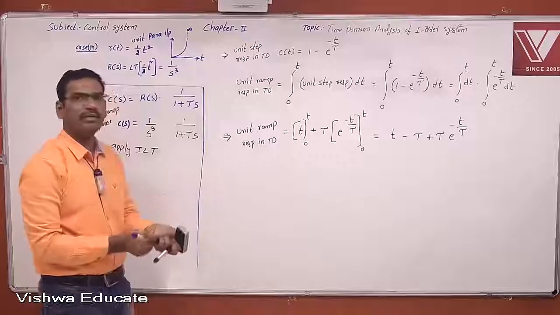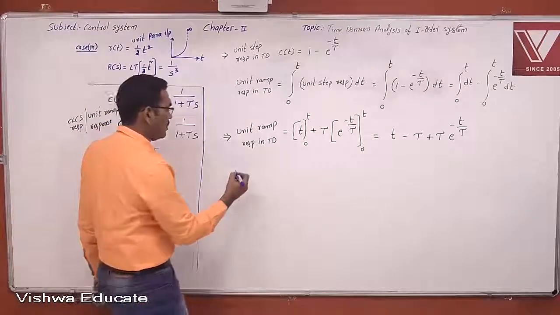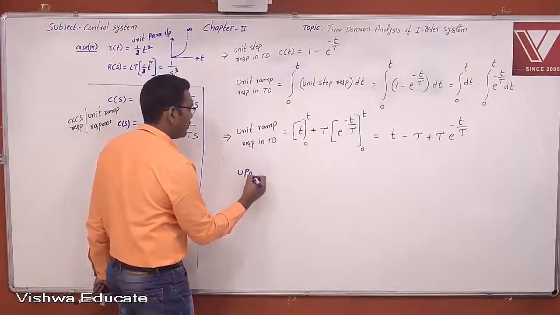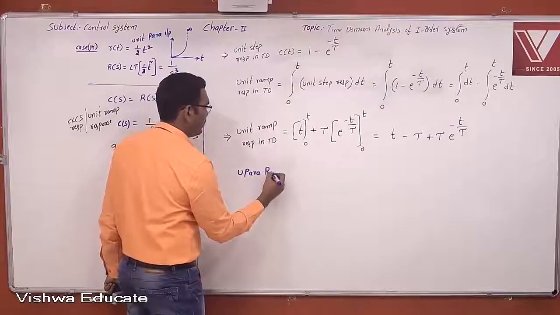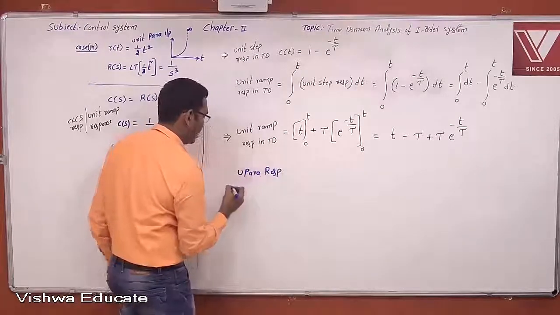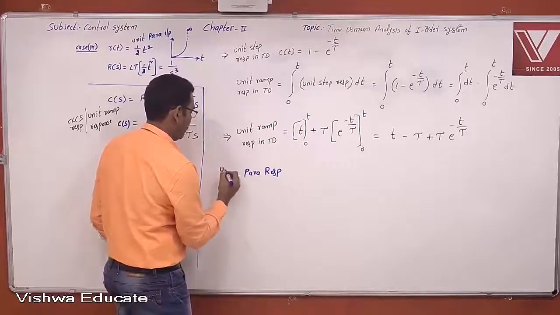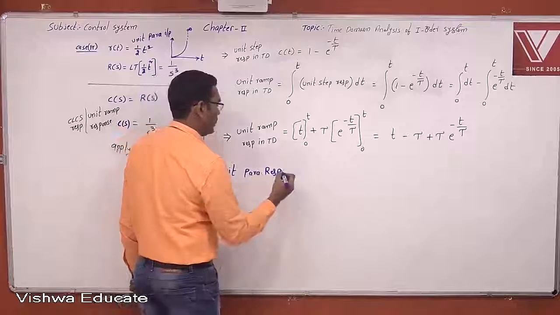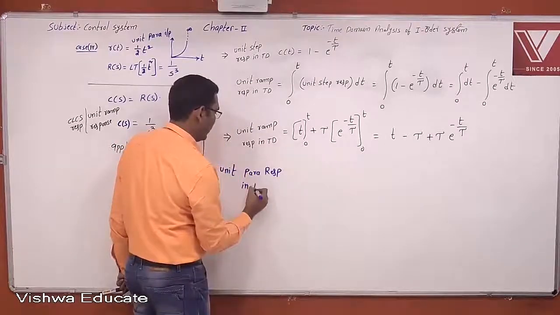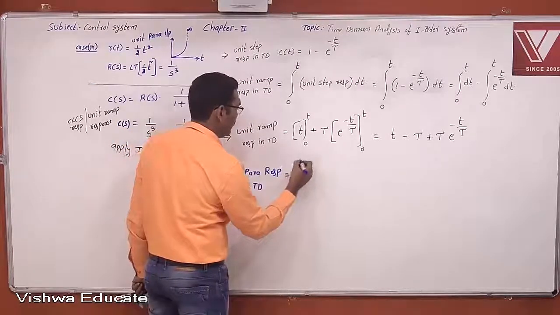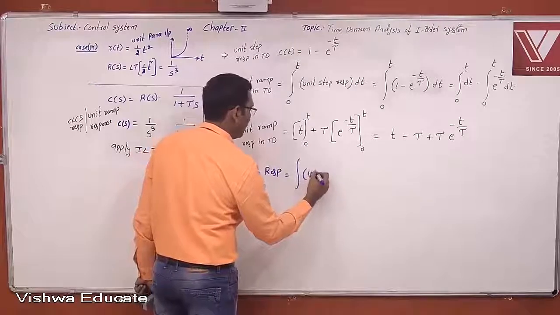What is the relation between unit parabolic response and unit ramp response? The unit parabolic response in time domain directly, which is integration of unit ramp response.